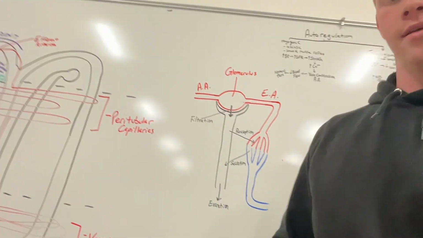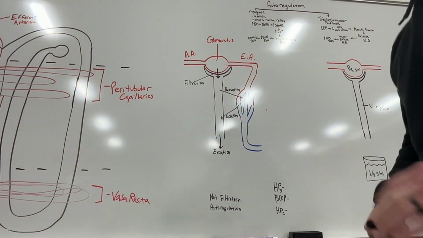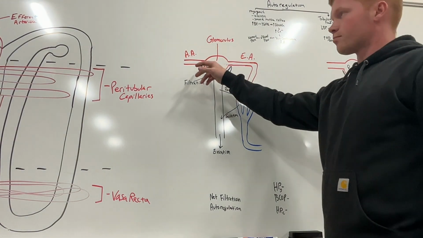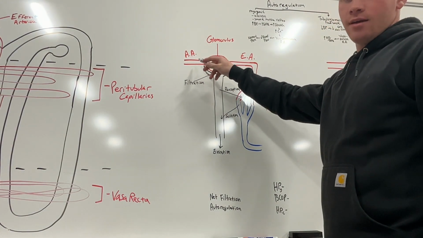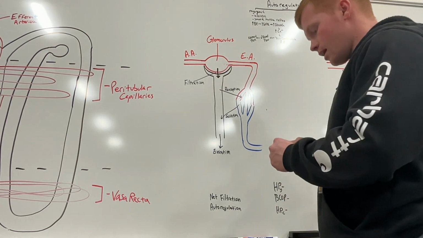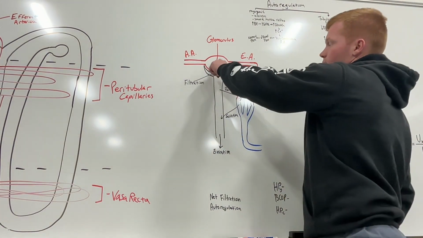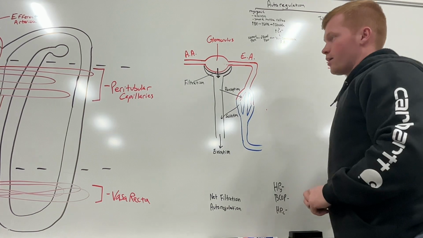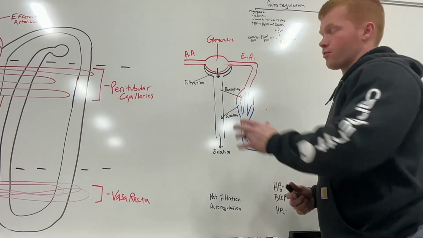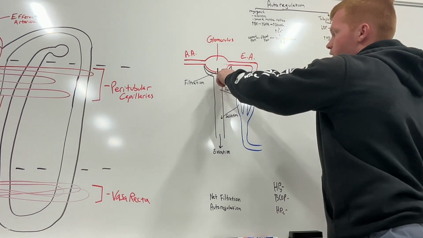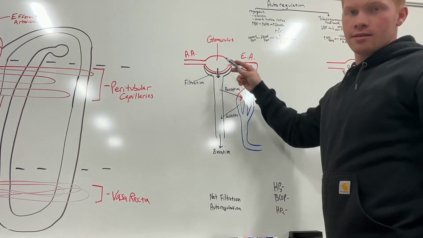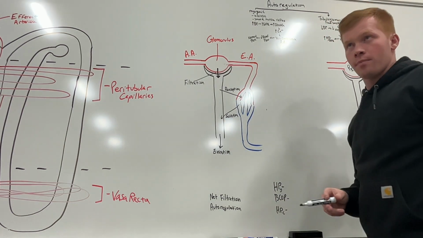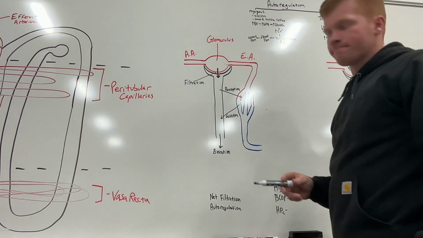But for this part right here, we have a blood vessel coming in, and eventually it's going to turn into the afferent arteriole. And then eventually it's going to get to a point where it hits the nephron, and in the nephron, one of the main parts is the glomerulus, or the glomerular capillary.